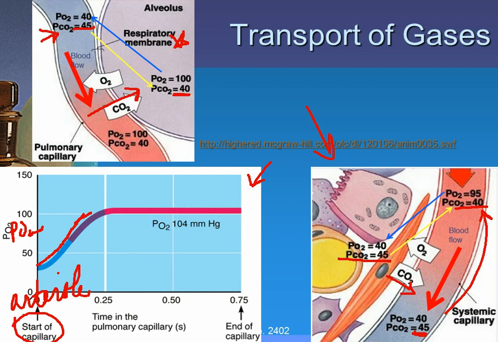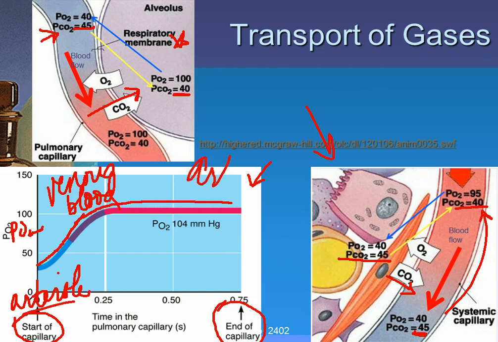So as the PO2, as the oxygen level goes up as it goes through the capillary, we get down over here, we're at max oxygen down here at the end. Remember, we're starting with venous blood that is low in oxygen, even though it is called an arterial end.